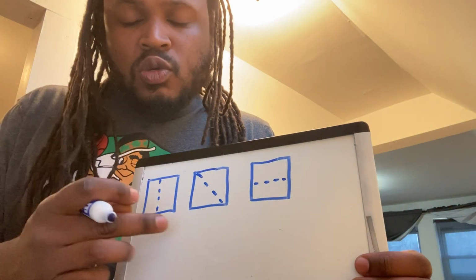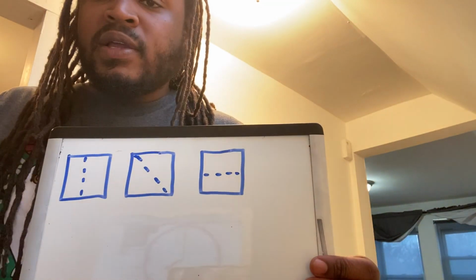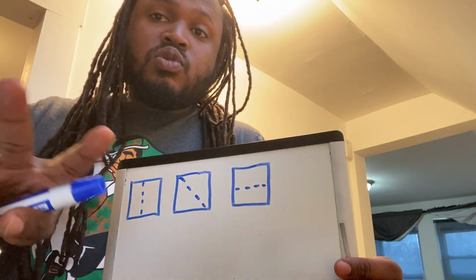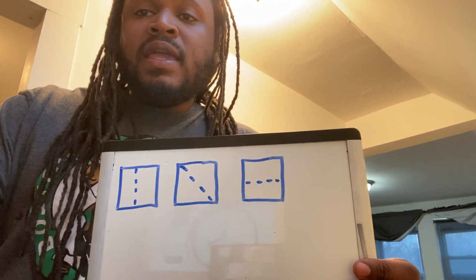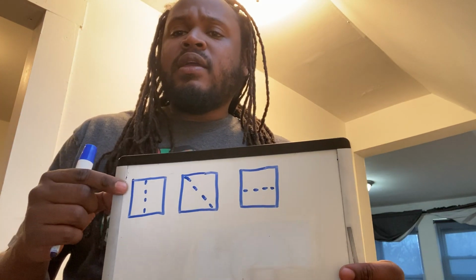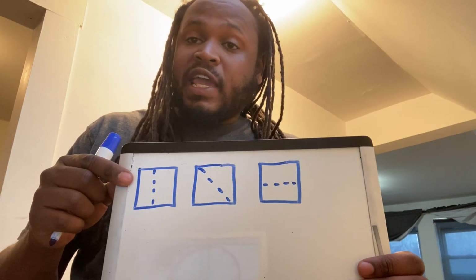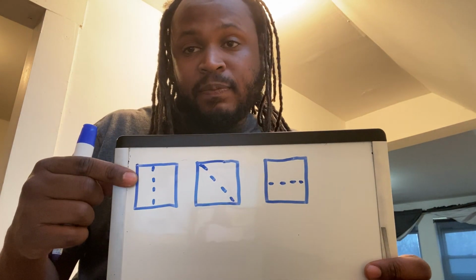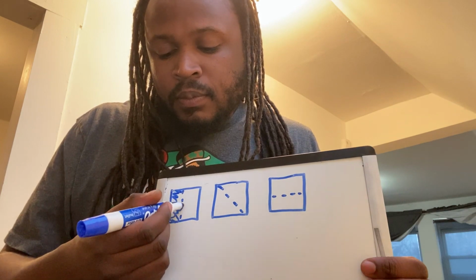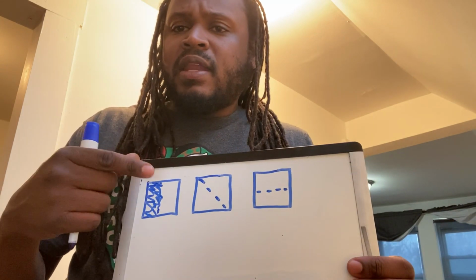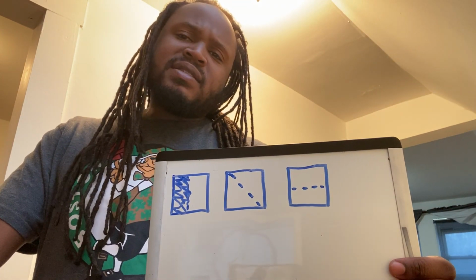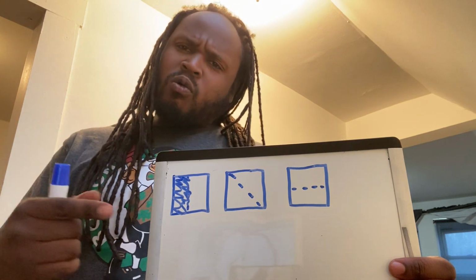I see 1 part here, 2 parts here, 1 whole object. So I notice that each whole square is split into 2 equal parts. When something is split into 2 equal parts, we know that it is split into half. If this right here was a cracker and I wanted to split my cracker with my best friend, if I had this part and my friend had the part that is not shaded in, would we both have the same part of the whole cracker?